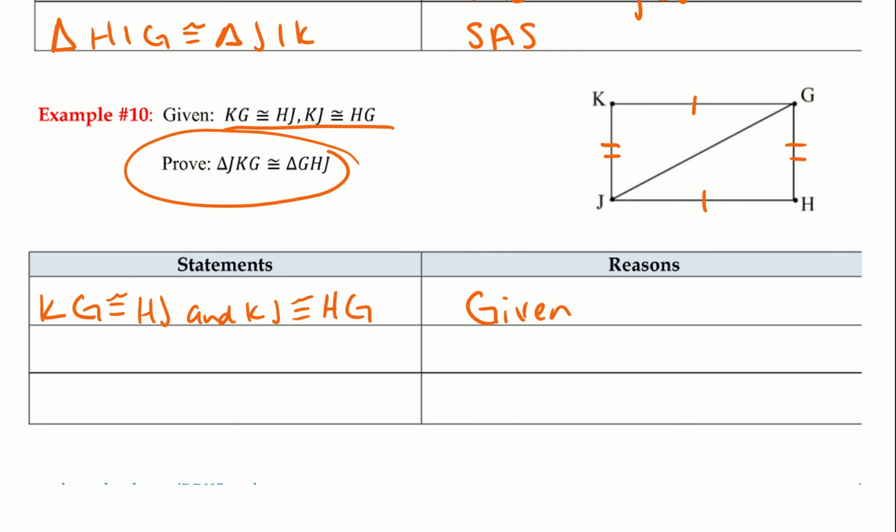But I do know that this side here is shared between the two triangles, and therefore it is the same line. So I can use JG is congruent to JG by the reflexive property.